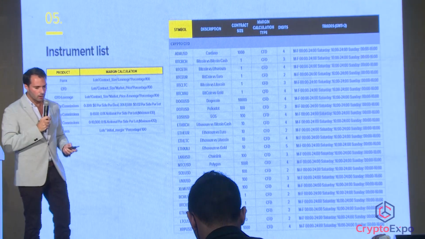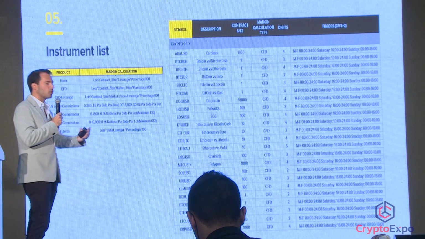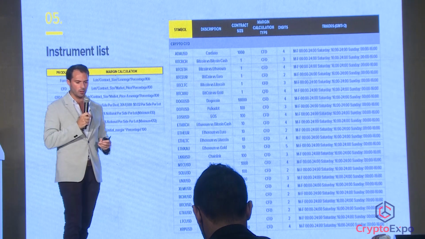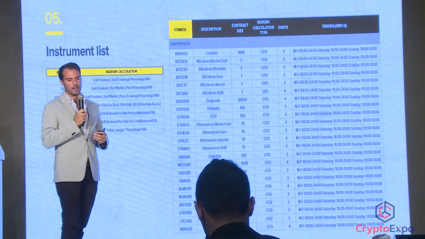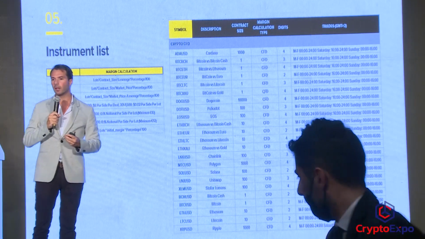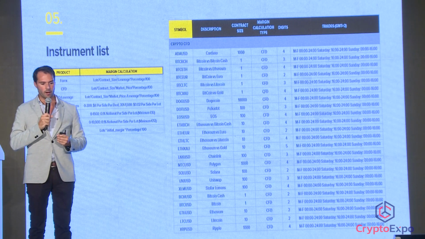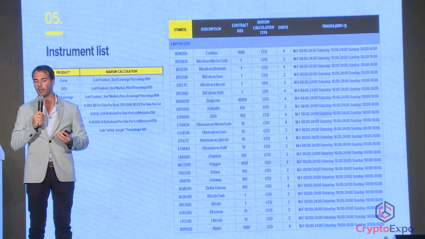Now, in terms of offering, these are the instruments that we offer. This is obviously just for purposes of this presentation, but it's for you to have an idea of the different range of products that we offer within our crypto offering.